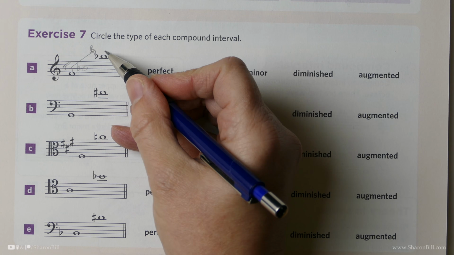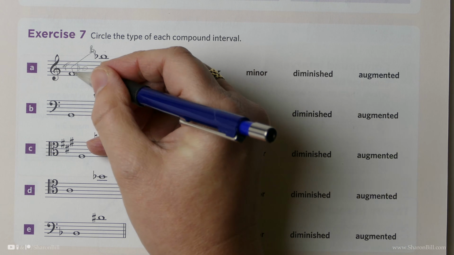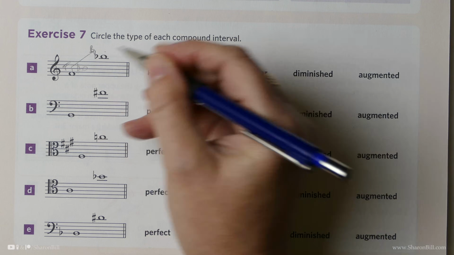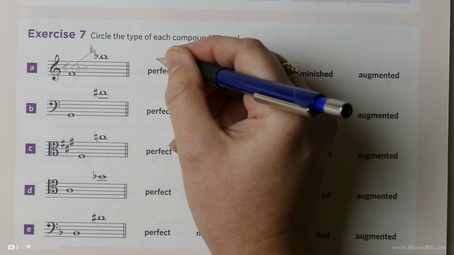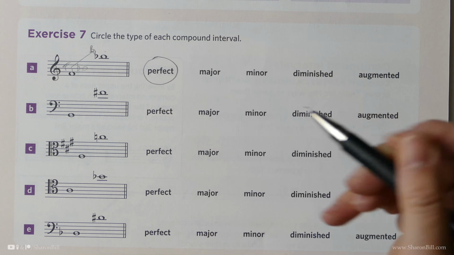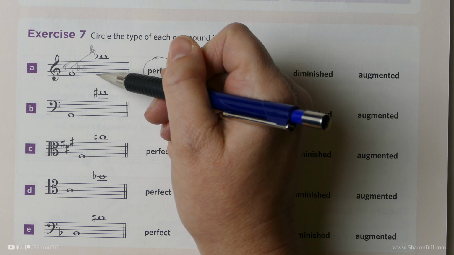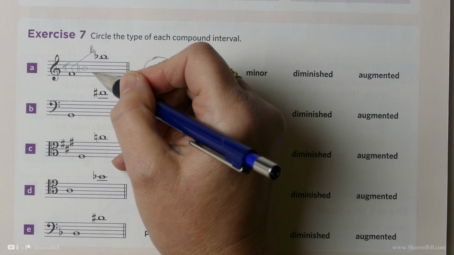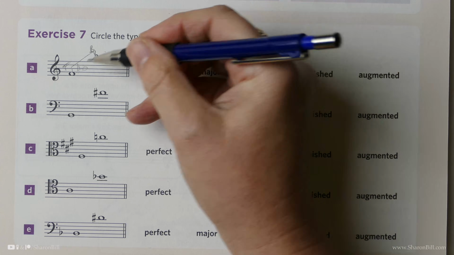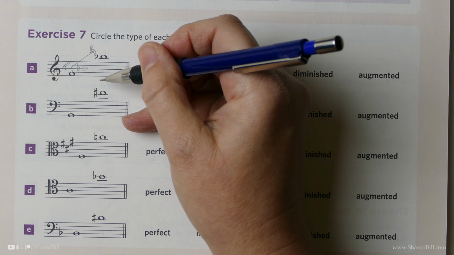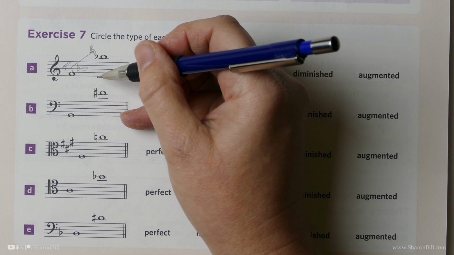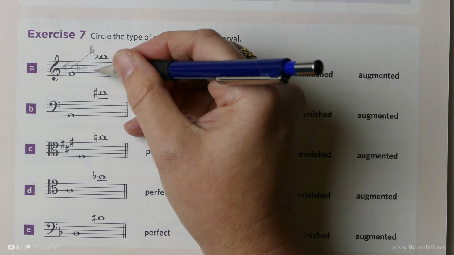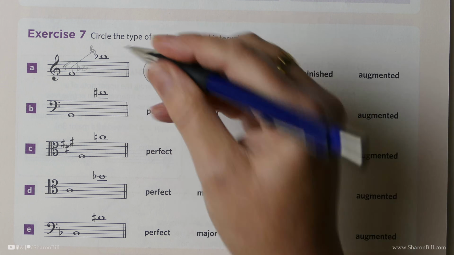It's compounded. However, whether there's an octave extra or not, it's a fourth, and that means it's perfect. This is why I prefer to use the compound terminology, because I just know straight away that fourths are perfect. If you prefer to count it, you would then need to know that 11ths and 12ths and 15ths are perfect too. So let's see what we've got here.